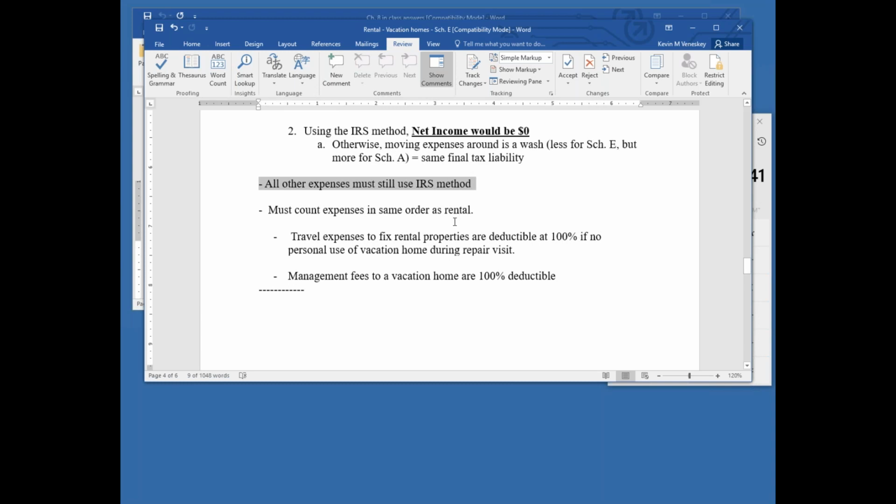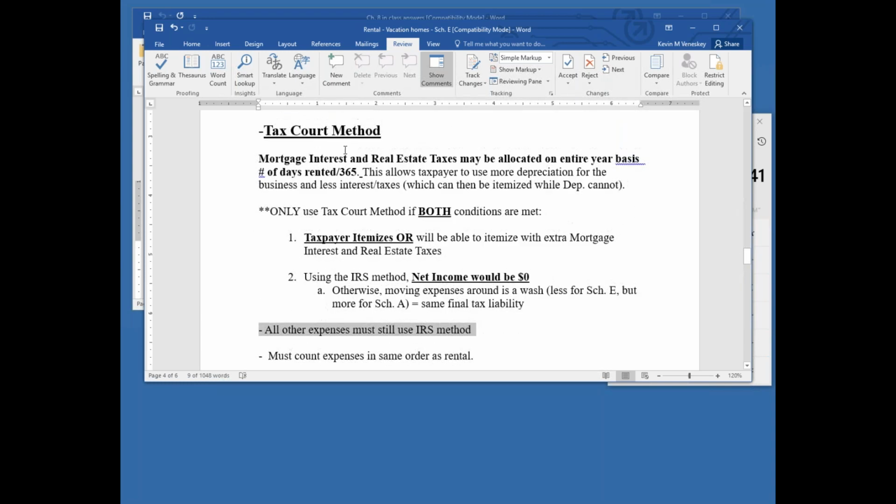Therefore, this is where it becomes important that your mortgage interest and real estate taxes are done first. So if you are at net income of zero because you use so much up here in these, you would want to be able to reduce this amount on Schedule E, move that amount to Schedule A, and then be able to use more of the depreciation, which you wouldn't have gotten to use otherwise.